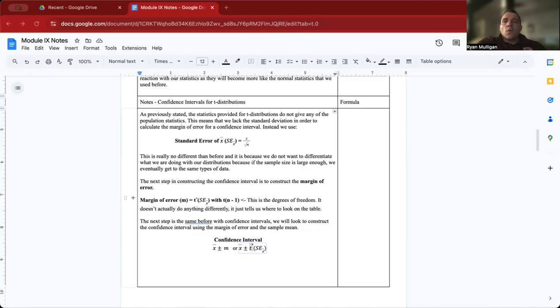Now, what I know about the significance test is it's very similar to what I just got done doing with the normal distribution. The problem lies with the fact that I now need to use a degree of freedom when I'm looking for the t statistic.